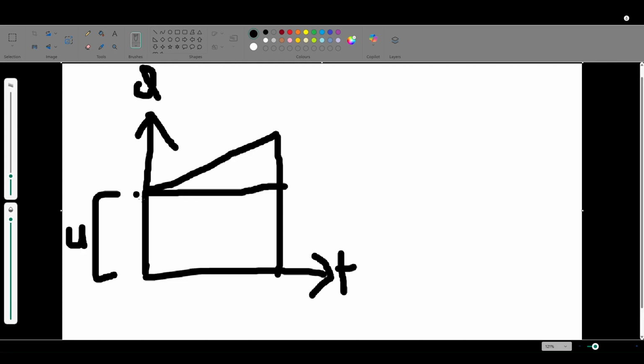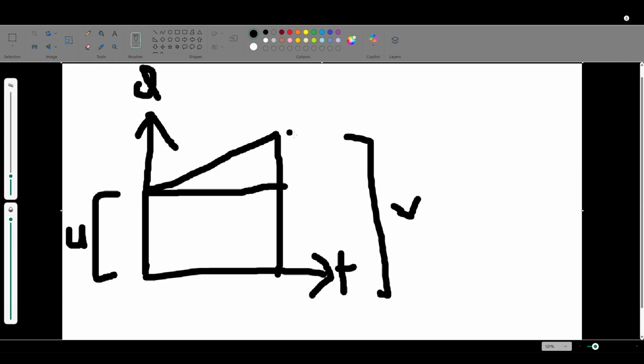Okay, so this is u because this is the amount of distance traveled in a given time, and this is v because this is the final velocity. This is the initial velocity, and this is the final velocity which we are reaching at the end of our point here.